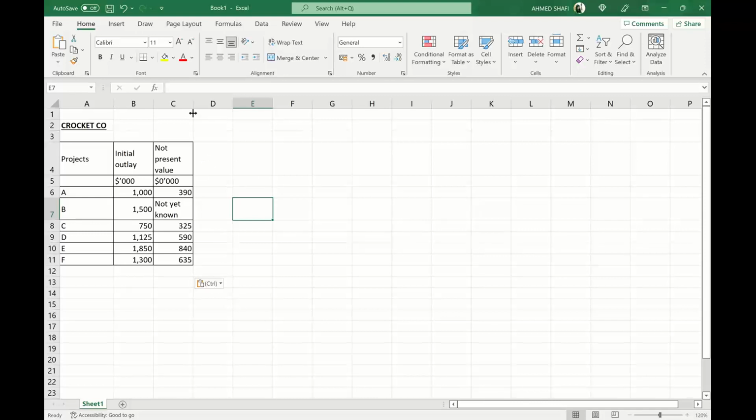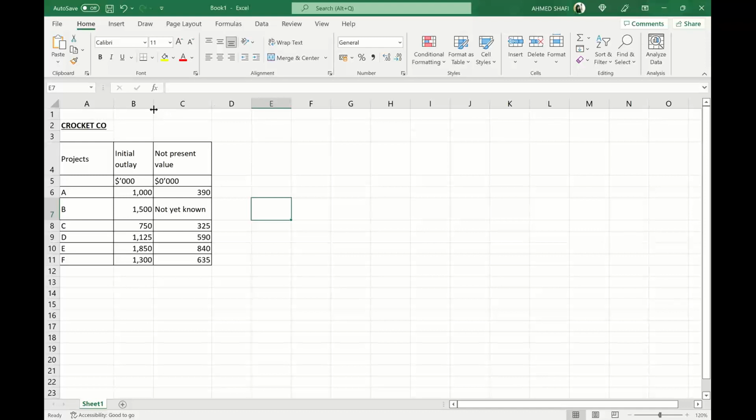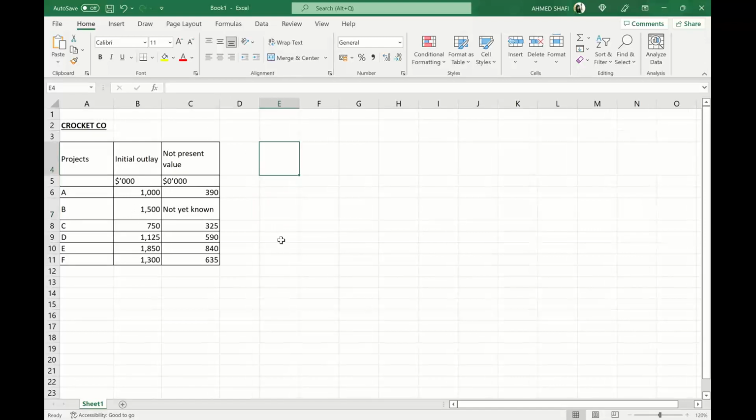There are 6 projects with us: A, B, C, D, E, and F. Now, to save time, you saw I directly copied the data from the question rather than typing. This is allowed in the exam. You can copy the data from the question and paste it on your spreadsheet to save time.